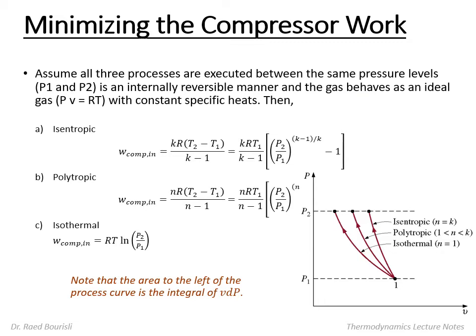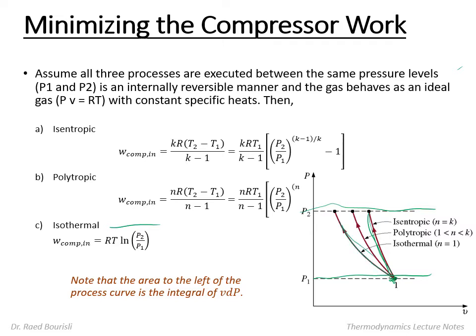Assuming all 3 processes are executed between the same pressure levels, P1 and P2, this is the final pressure, and this is the initial pressure. I have my fluid here, and I want to compress it. If you do it isentropically, it will just go this way. If you do it polytropically, it's in between, and if you do it isothermally, this will be the least amount of work.